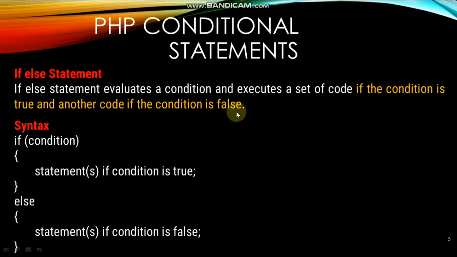In the previous statement we executed only one part: if the condition is true, print the statement and come out of the body of the code. Here the else part is nothing but your false part. If the condition is false, then this part of the code will be executed.